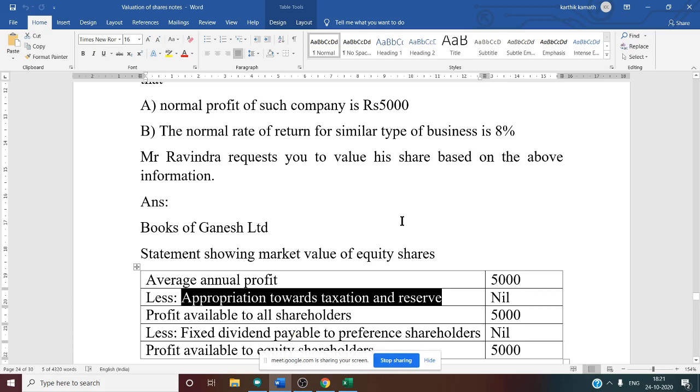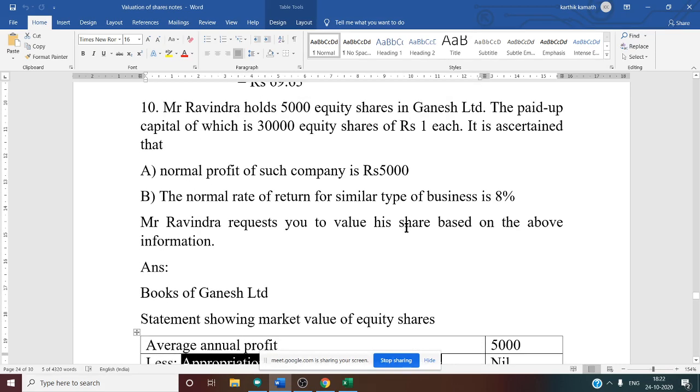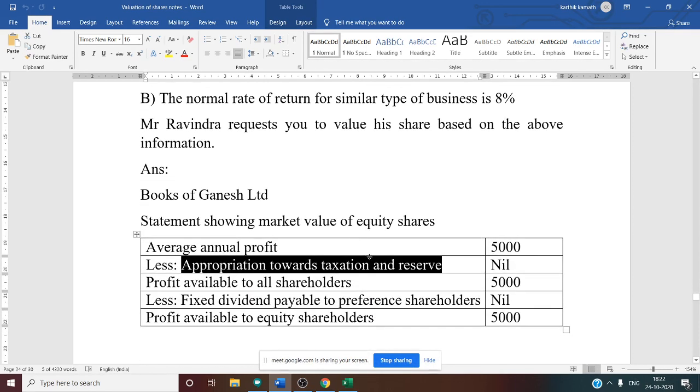But in this question, they have not given any information about rate of tax and rate of reserve, that is, what amount to be kept aside each year as a part of reserve. That is not given, and tax rate is also not mentioned. That is why nil. Less appropriation towards tax is nil, reserve is nil.